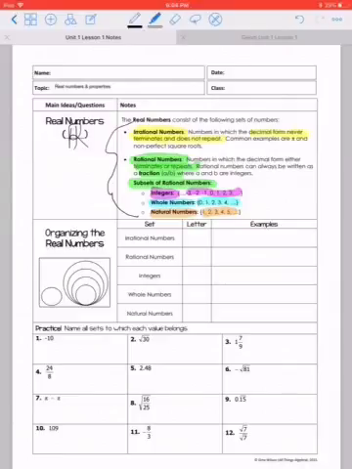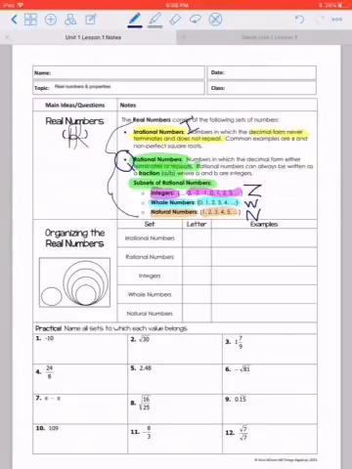Okay? Now, symbols for these, we have, let me make it a little thicker. Okay, rational, those are Q. Then we have integers, Z, whole numbers, W, and natural numbers, N. Oh, and your irrational, those are I. Okay?